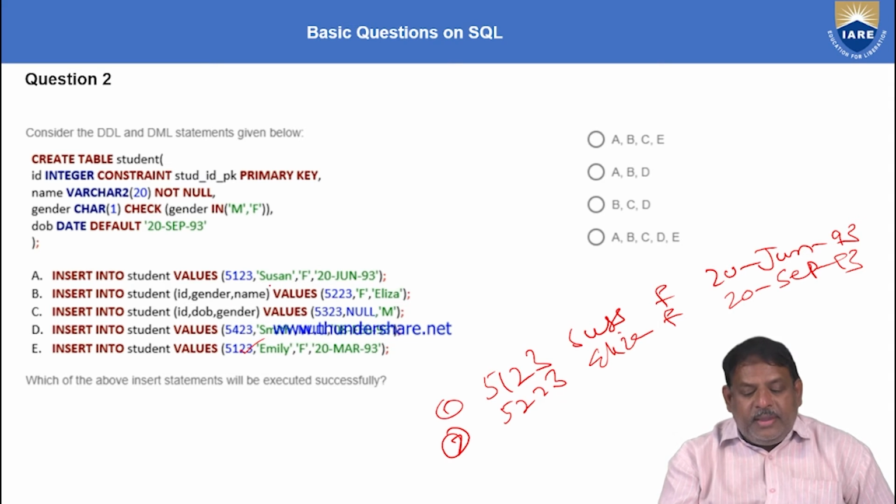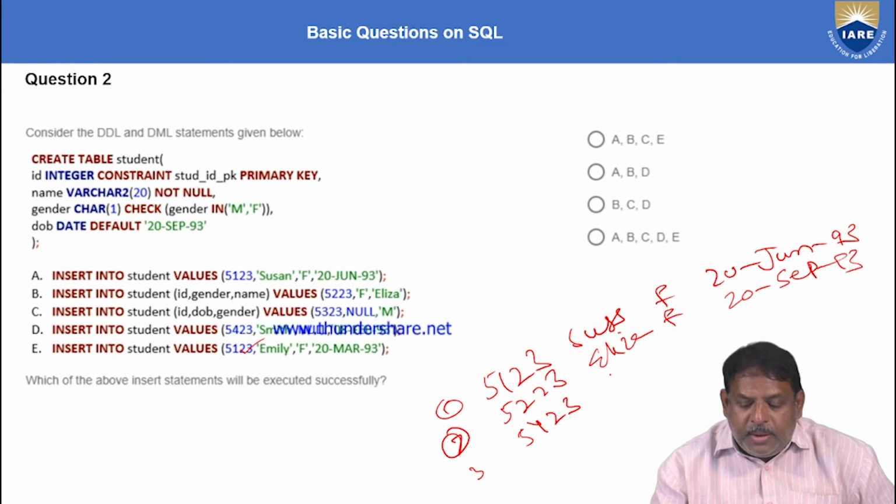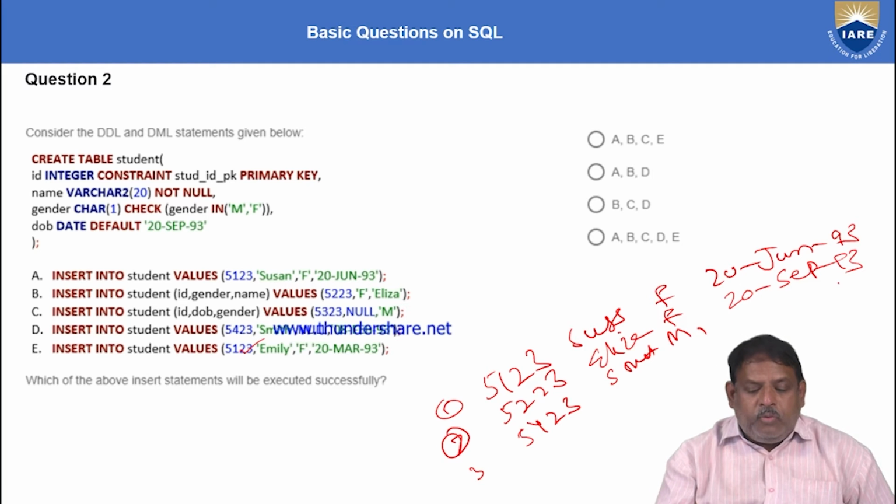C is invalid because the name is not given. Fourth is 5423, and I think the name is some Smith M and some date. Fourth is invalid because 5123 is already present in the first row, so it cannot take a duplicate value.